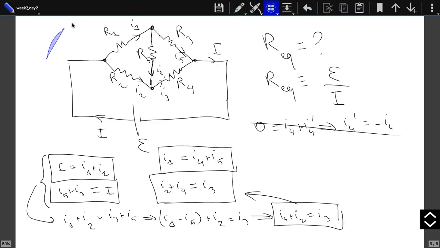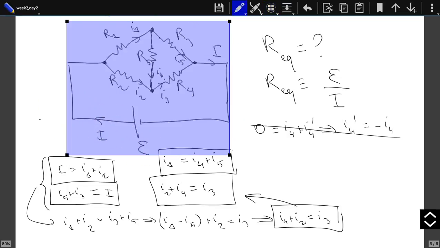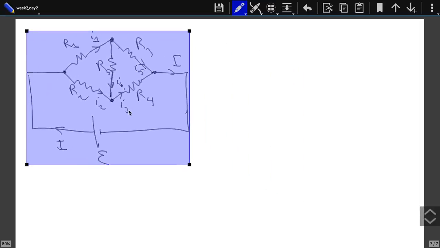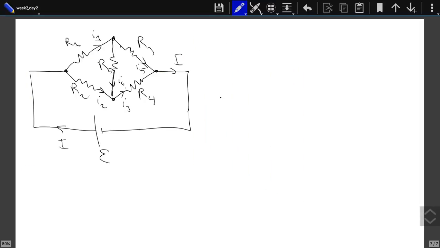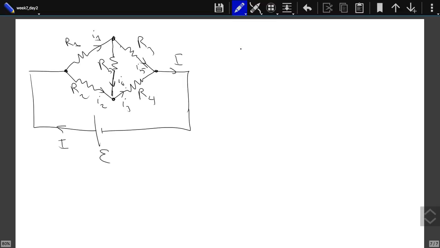Let me just take this circuit. Now you can choose any 3 loops you like. I will choose this one as one of my loops. This is 1. Let's say this will be my second loop.